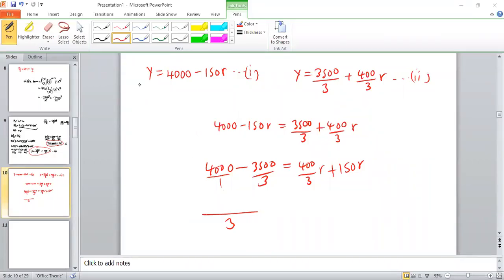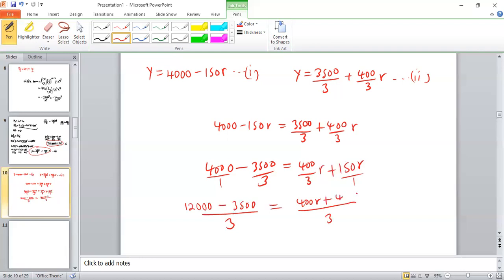What is 3 times 4,000? 12,000 minus 35, because the common denominator is 3, 400 hara plus 3 times 150.